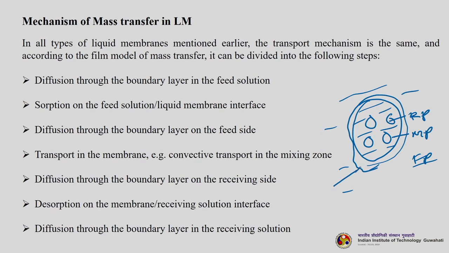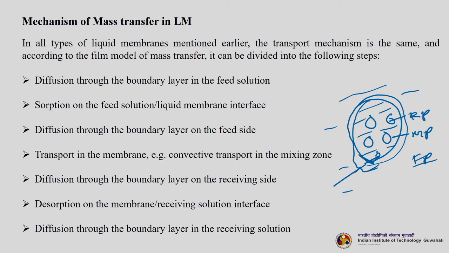Once it comes here, it comes to the feed solution liquid membrane interface. It will diffuse through the boundary layer on the feed side, then be transported in the membrane side, that is convective transport basically.